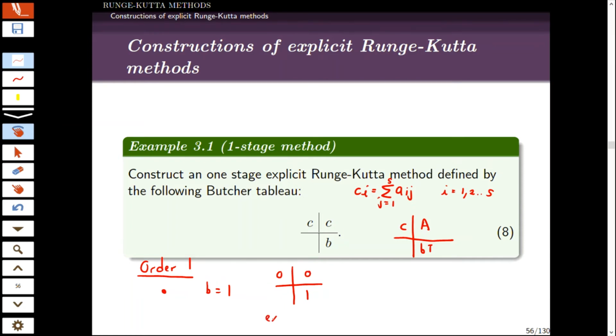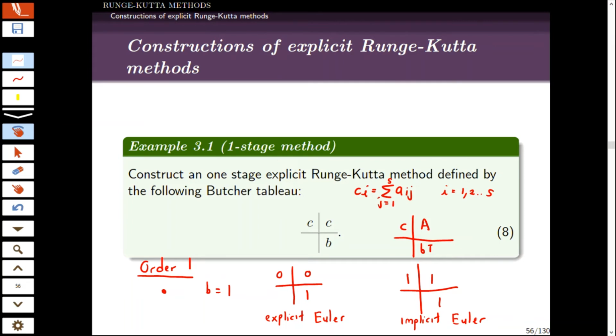We have the explicit Euler method. But we can also have b is 1, a and c is 1. So this is what we have, implicit Euler or backward Euler.